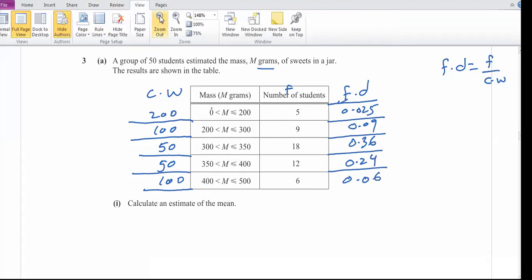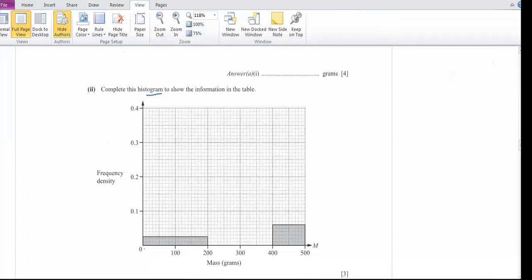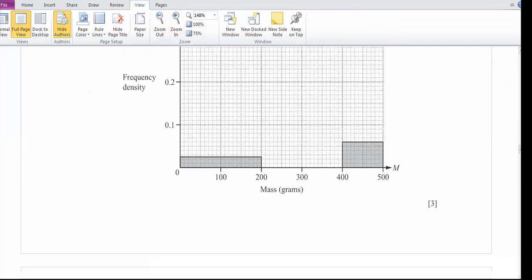Now what we have to do here, we have to complete this one. Like for the first class from 0 to 200, it is already given. First decide the scale, okay? You can see if we go vertically, 10 boxes are equal to 0.1. So what will be one box?